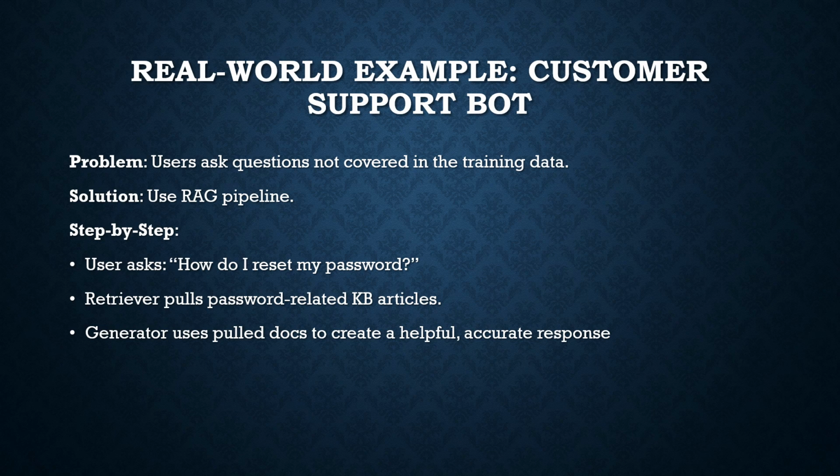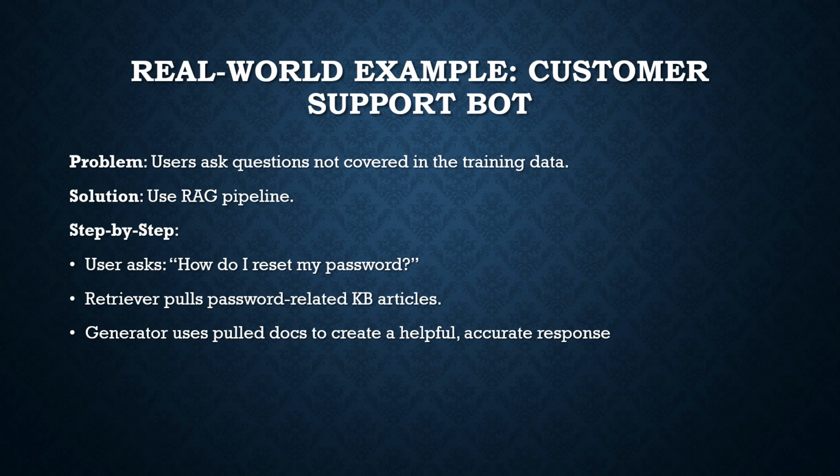As I've told you earlier, LLMs are trained on historical data, so it is not providing the latest information. For example, if it was trained 6 months ago, then it will provide you answers based on what happened before 6 months.